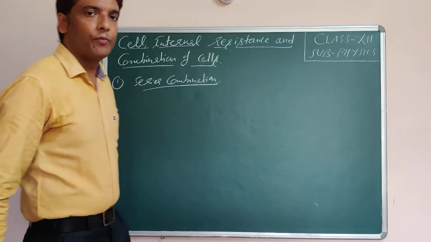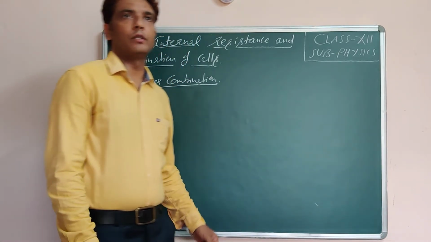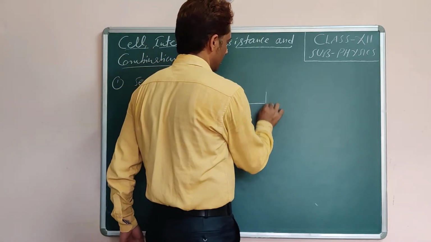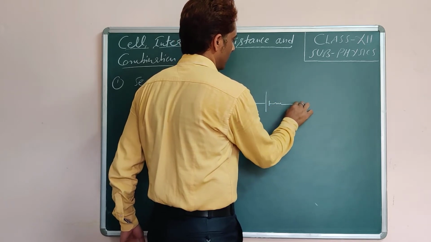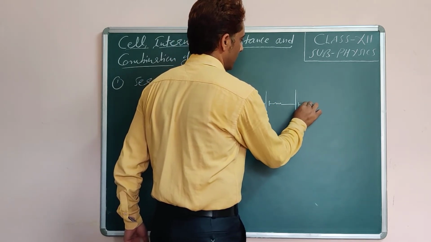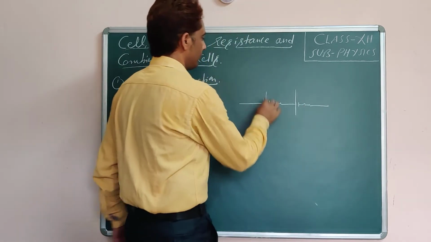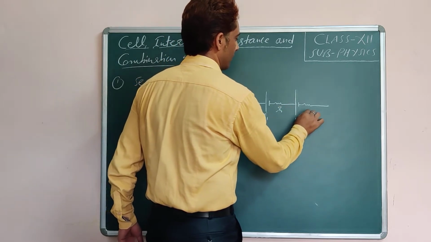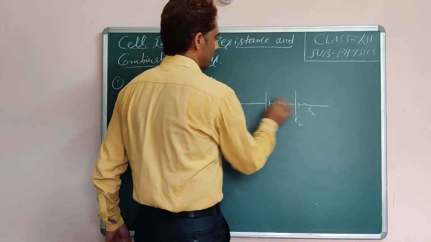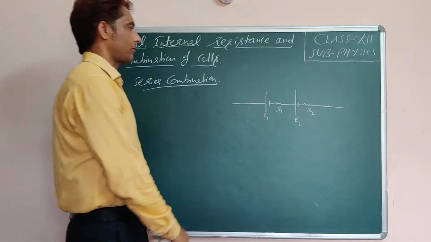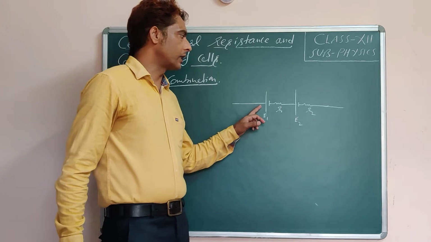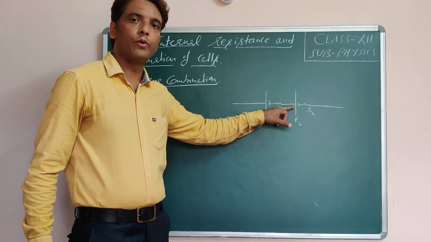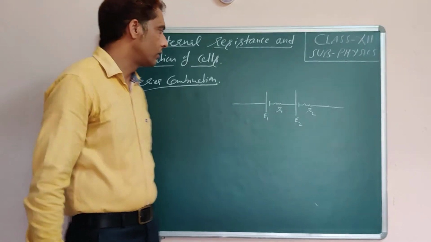Let there be two cells of EMF E1, E2, internal resistance r1, r2, which are connected in series. So these are the two cells. We say that cells are connected in series if the negative terminal of one cell is connected to the positive of the other, and so on.